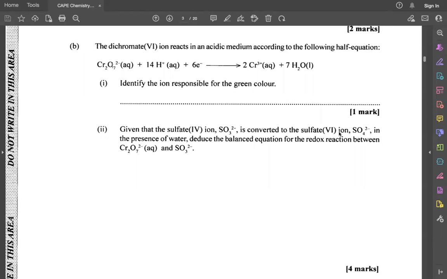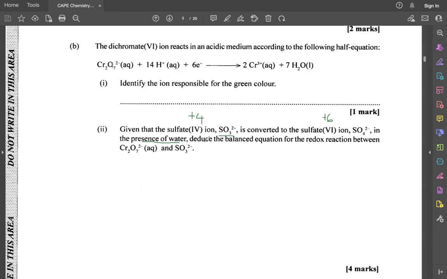So that's an oxidation that's taking place, because we're going from 4, and then we're going to 6. So there's a conversion that goes from the +4 state to the +6 state.